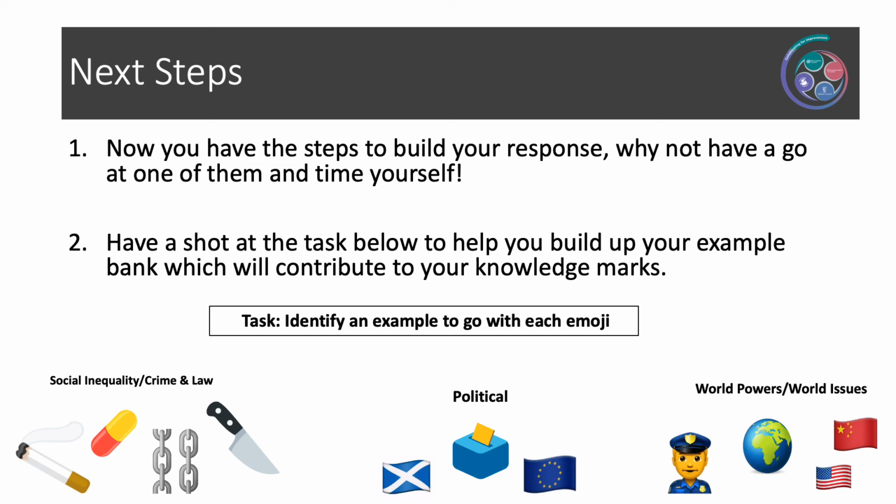For example, for the ballot box, you might put a voting turnout for a particular election. For the USA on world powers, you might put down an election year and a president. These can be used across a number of different responses, but they are accurate and will help contribute to the development of your knowledge marks.